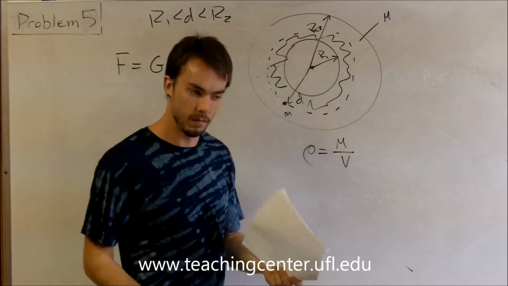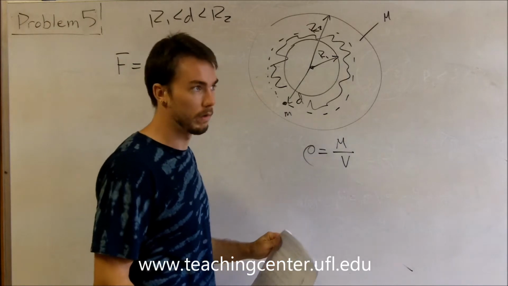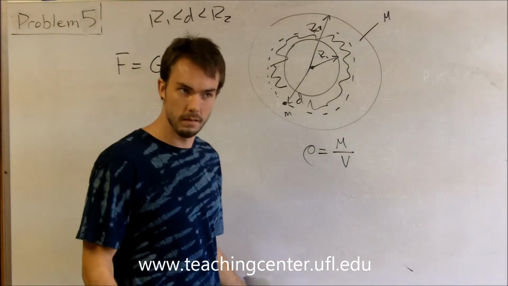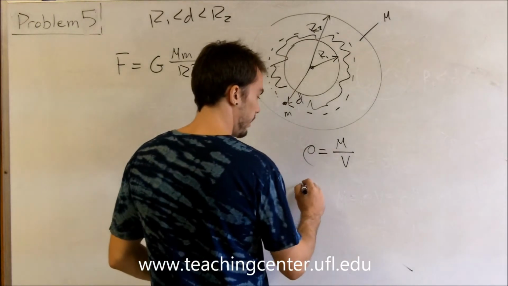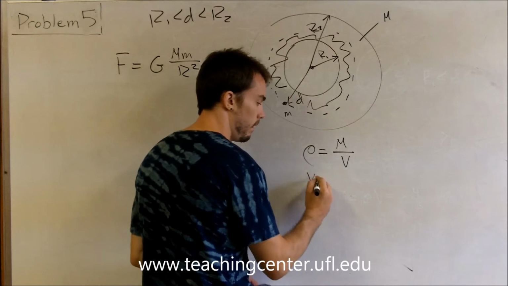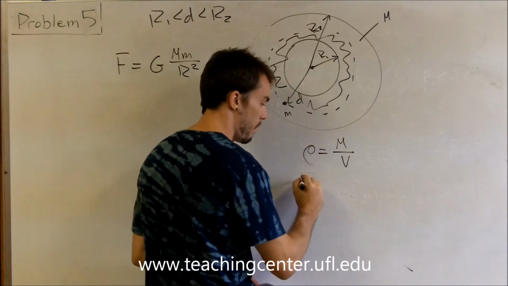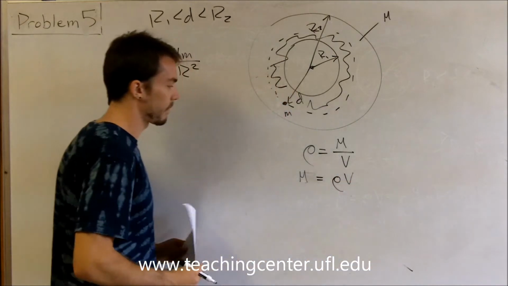If you don't quite see it, just follow me in the math. It should make sense, and just remember that this is a good approach to a problem like this on your tests. So if density is equal to mass over volume, then our mass at any point is equal to density times volume.